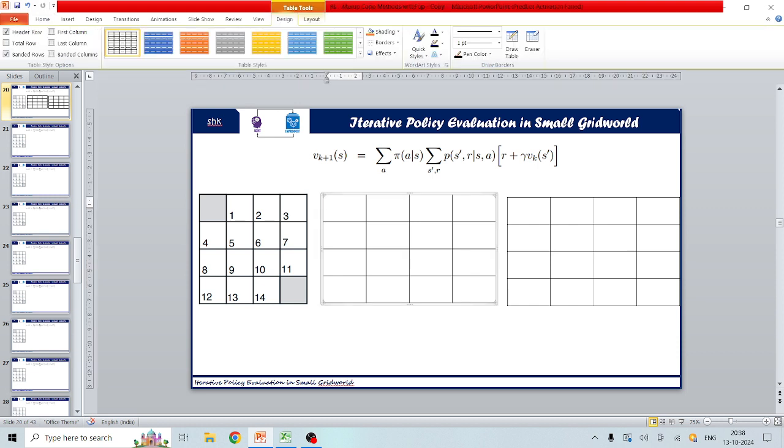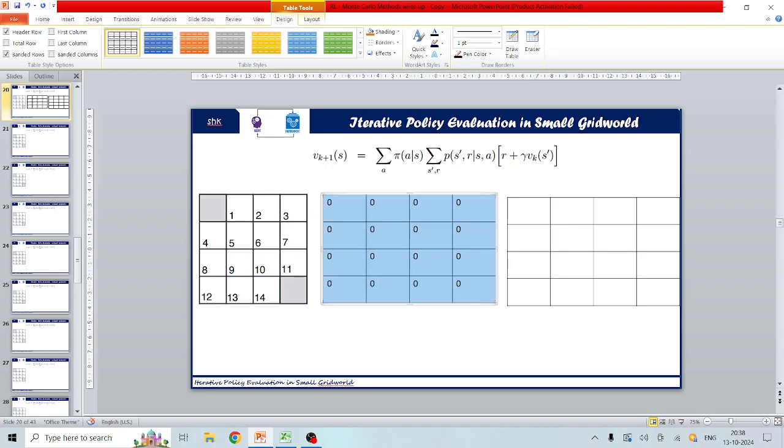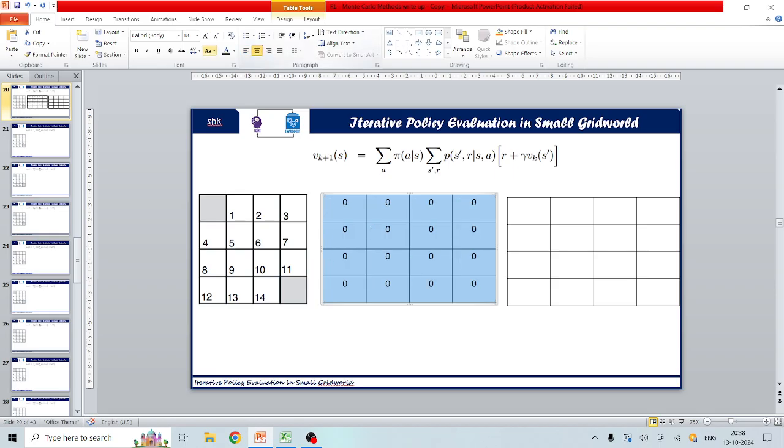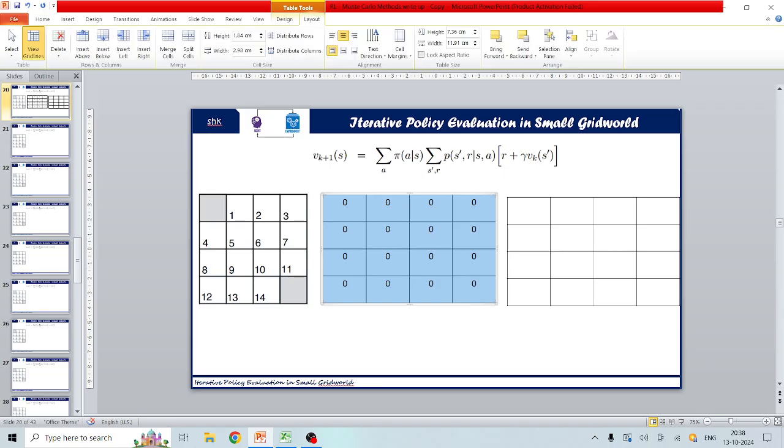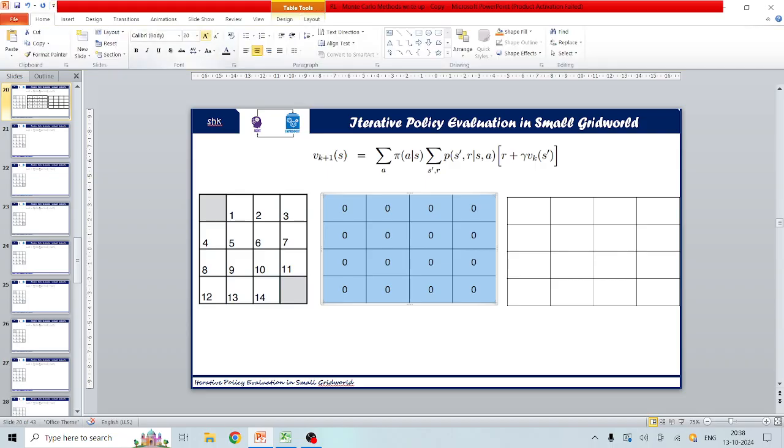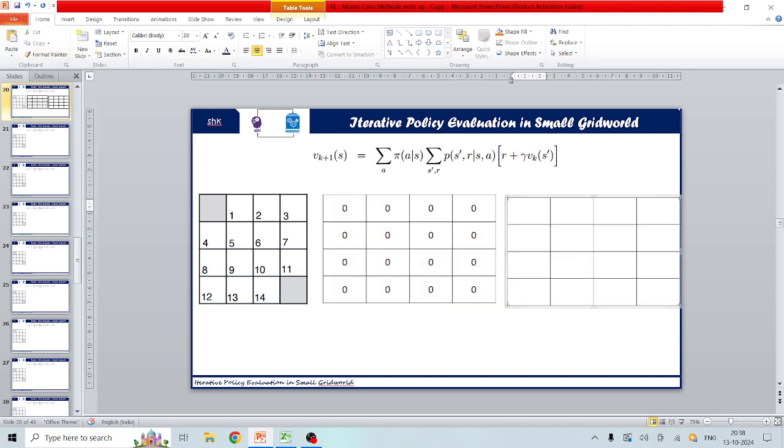So what we have here are 0, 0, 0, 0, 0, 0, 0, 0, 0, 0, 0, 0, 0. These are the initial values which we considered, and the newly evaluated values are -1 except for the terminal states.